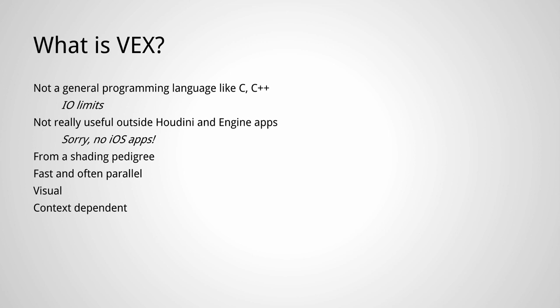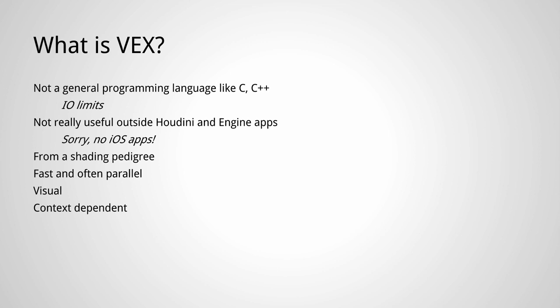It's actually creating code that is then converted from its VFL state to its VEX state. VFL is when it's text. .vex files are an intermediate format that is not really very human readable anymore, but it's at that stage it becomes optimized. And last but not least, VEX is incredibly context dependent.